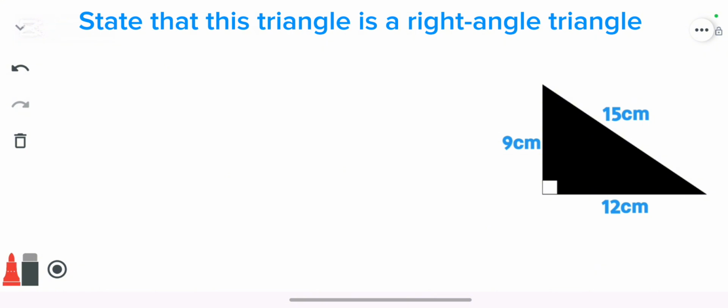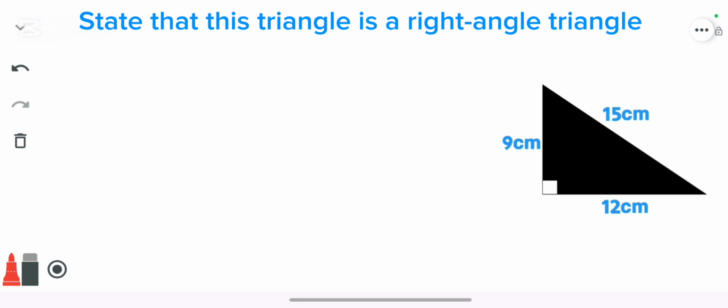Now, before we use the Pythagorean equation and do the calculation, we have to identify the sides of this given triangle. So here we have 9 centimeter and we have 15 centimeter here, then we have 12 centimeter.